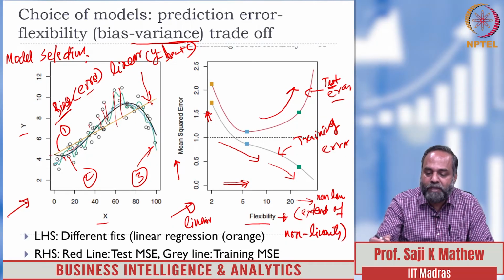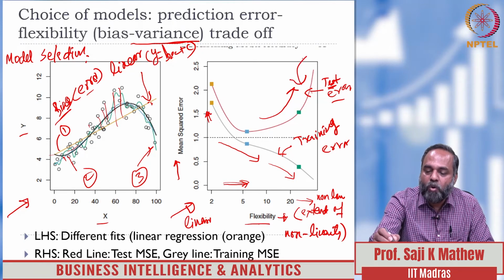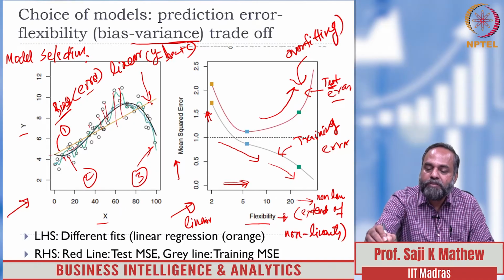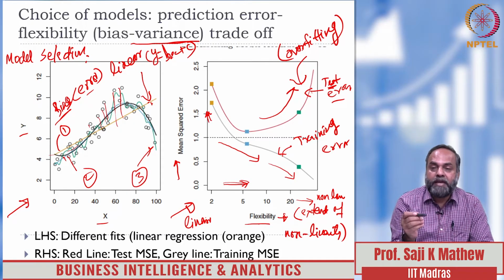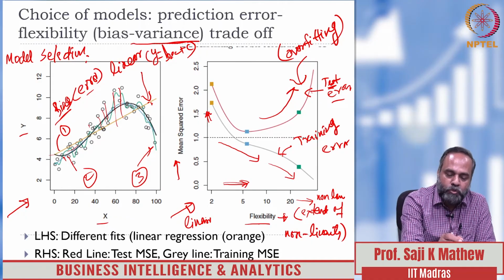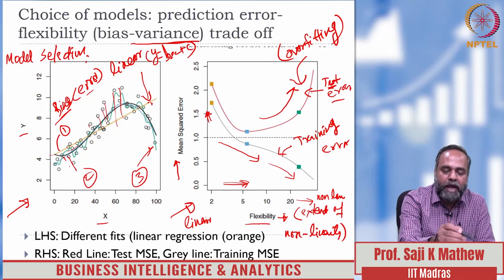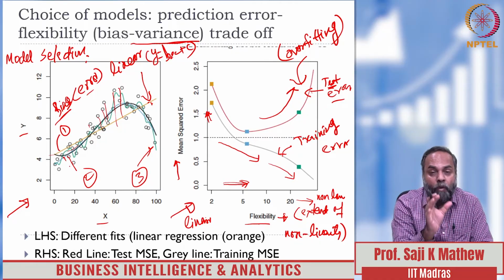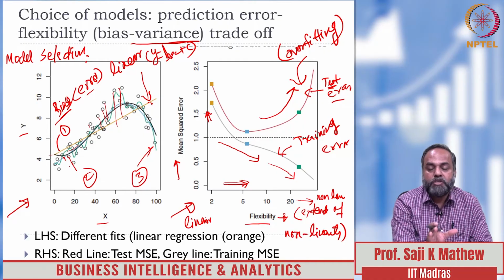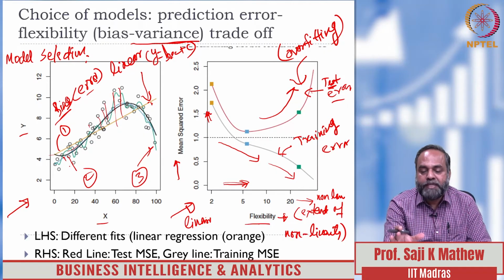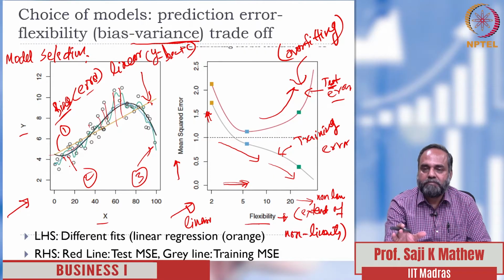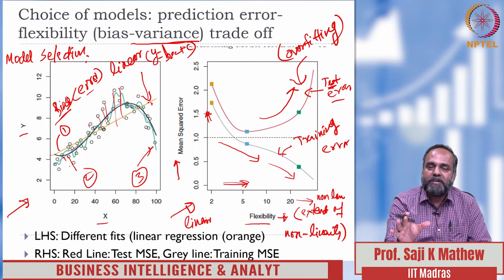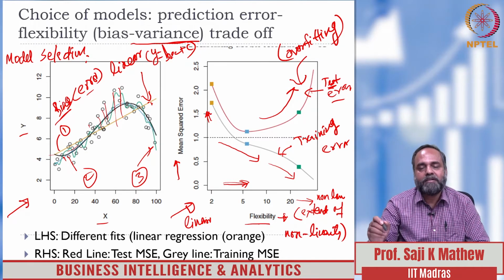That phenomenon is known as overfitting. The meaning of the term overfitting is that when you use highly nonlinear or highly flexible models, they overfit the training data, so that when you use another data set for prediction, the variance of the model is so high that it produces much higher test error.